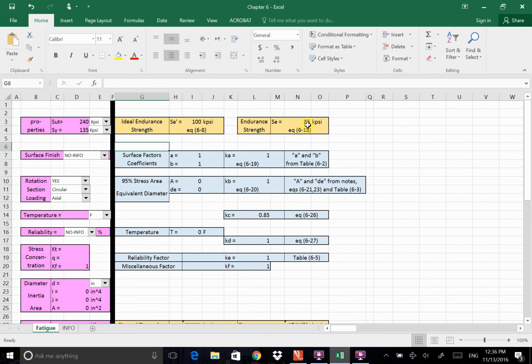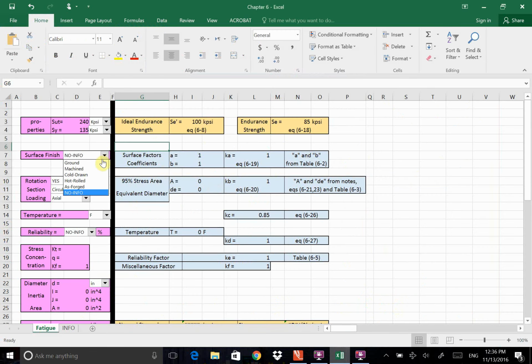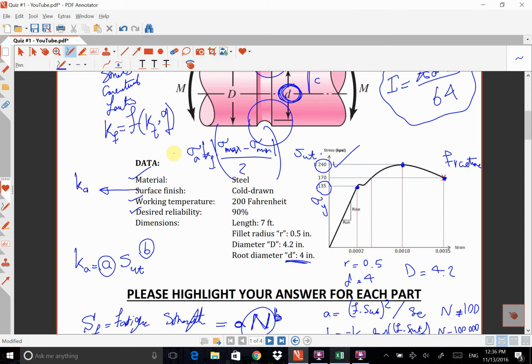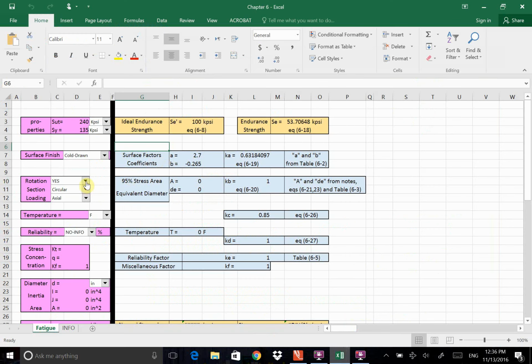I'm going to find endurance strength, but first I need to know the Marin factors. Okay, let me continue this one. Surface finish here is given to us, that's called drawn, so I'm gonna change this one to that. Rotation, coming back to the question, it says non-rotating steel, so it's not rotating.